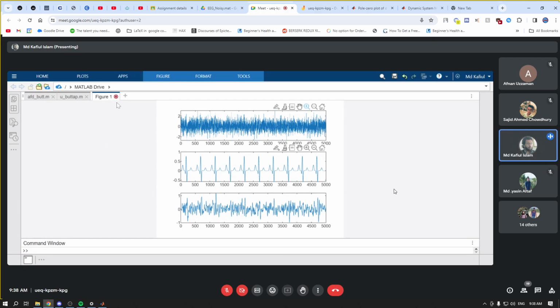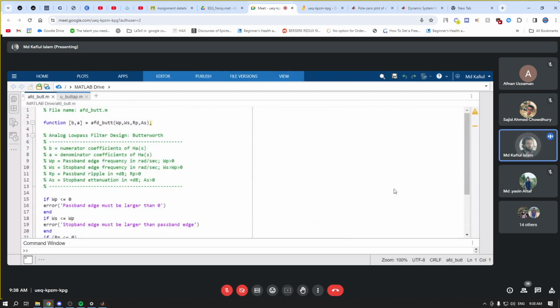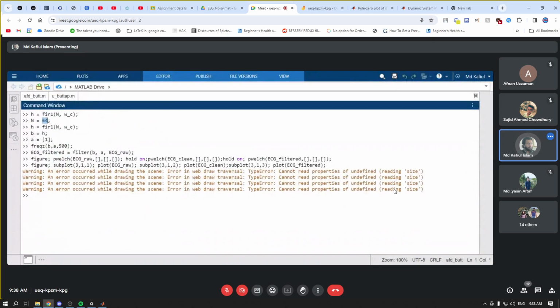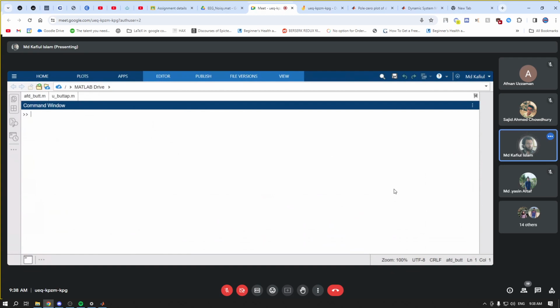Okay. Now the next question is whether you have been able to improve the signal to noise ratio or not, right? This is now your question. So what was the signal to noise ratio before, and what was the signal to noise ratio after? So you have to define the noise first. So what is the noise here?